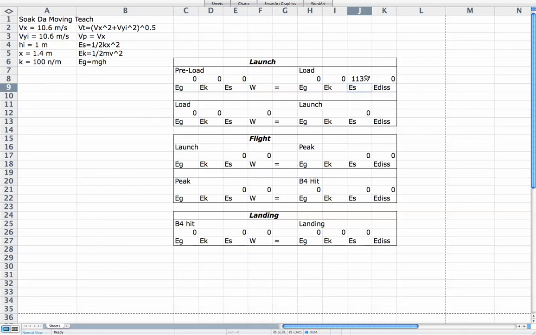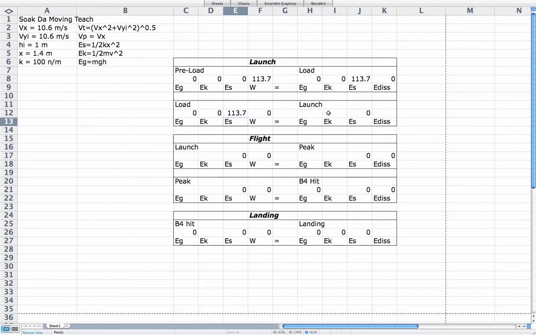And so energy is measured in joules, and so I know that the work has to be equal to whatever this value is. And then I know that the energy stored in the spring is going to be carried down from the one above it.